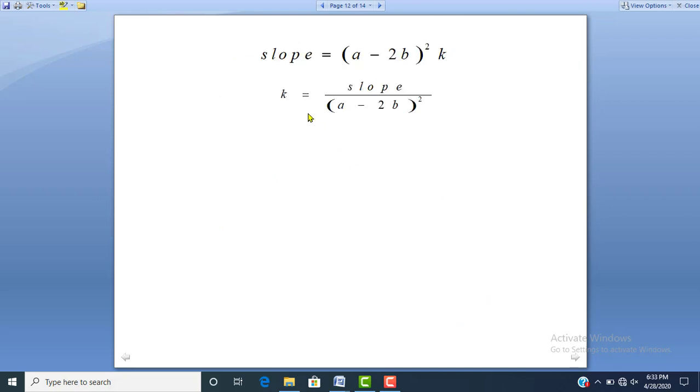Dear students, the value of slope will be equal to a minus 2b square into rate constant k, and this rate constant k can be obtained by dividing the value of slope from the graph by the a minus 2b square value from the y-axis. So the rate constant expression for the third order reaction when only two reactants are involved can be derived.